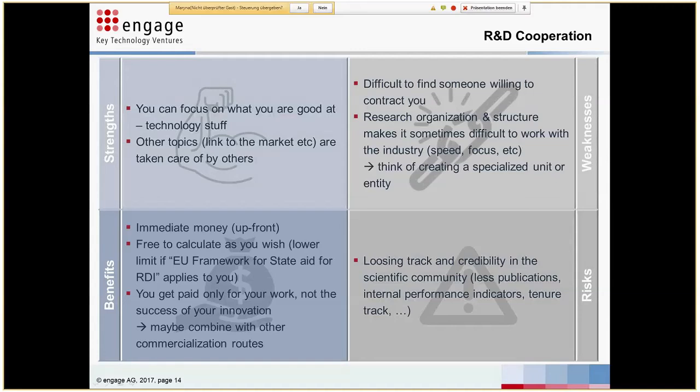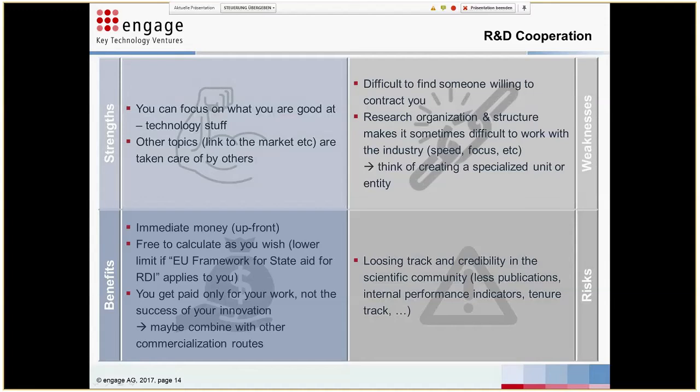The risk is you will lose track and credibility with the scientific community, because many scientists will tell you, well, this is not real science anymore. This is industrial work, and with a lot of scientists, industrial work is synonymous with ugly work, not valuable work.